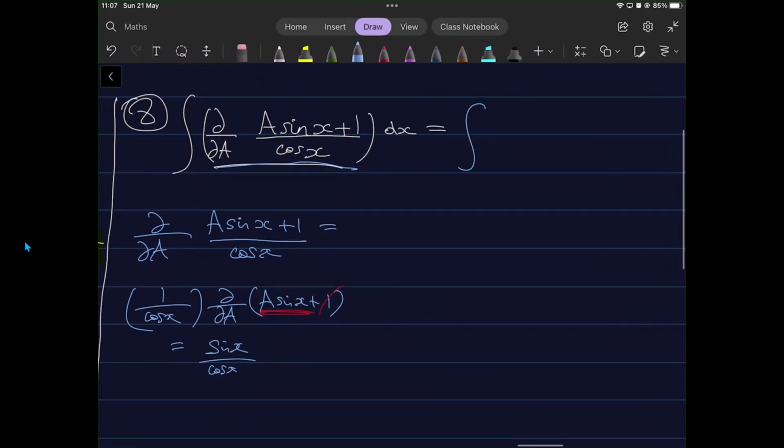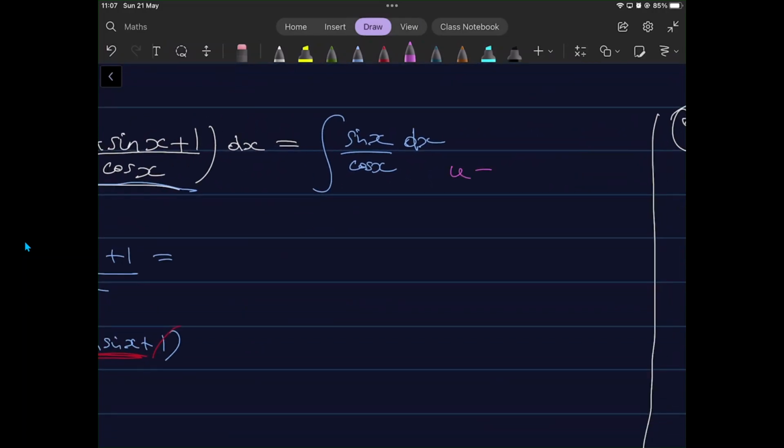Finally, let's put that into our integral, sine over cosine. And you can guess and check. I'll just do a substitution. Let u equal cosine, so du equals negative sine x dx. And I'll just put a negative there and a negative there. It doesn't change the integral at all, I'm just multiplying by negative 1 twice, so multiplying by positive 1, which keeps the same thing.